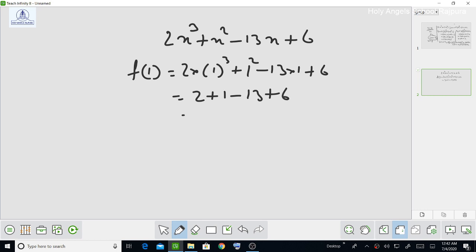All the plus terms are added, that is 9 minus 13, which is equal to minus 4, which is not equal to 0. Till you get the result of 0, you keep on trying with different numbers. Now let us try with the next number.